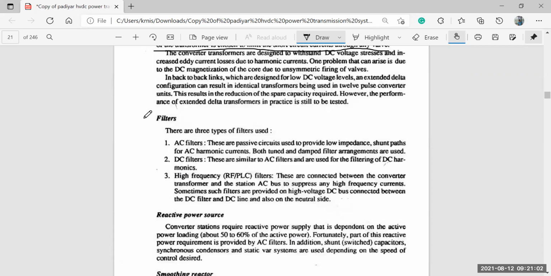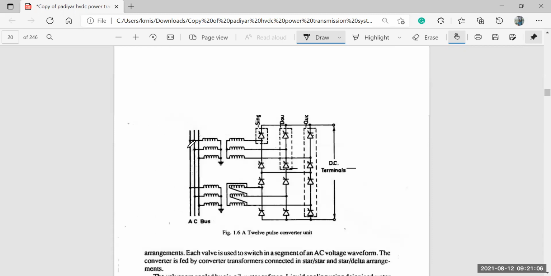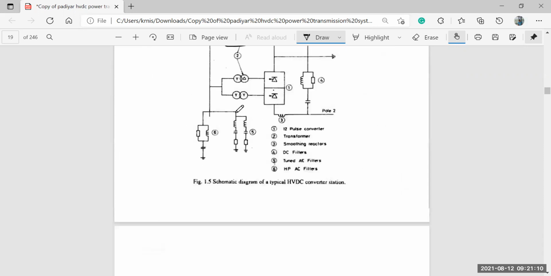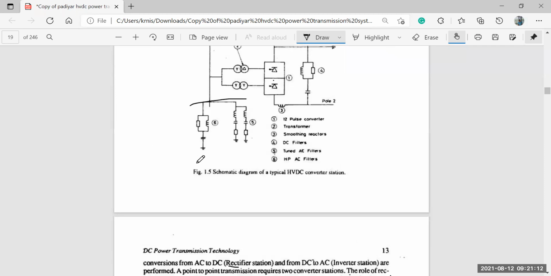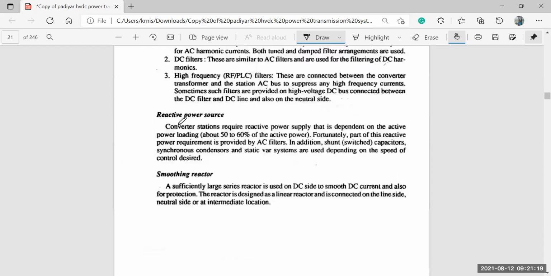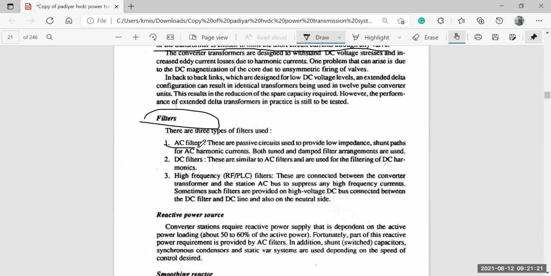Now another was your filter. Now we have seen the filter, this is the AC filter. This is your DC filters. Now in this, AC filters are passive circuits.